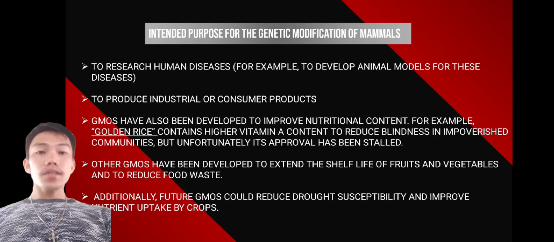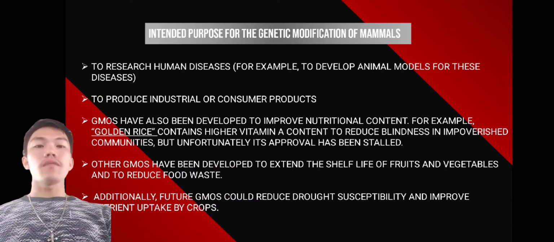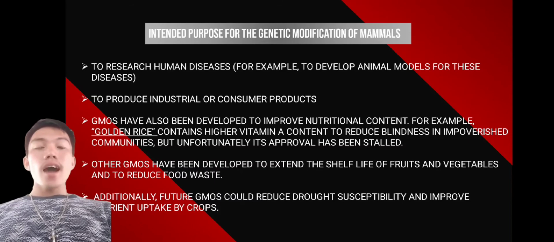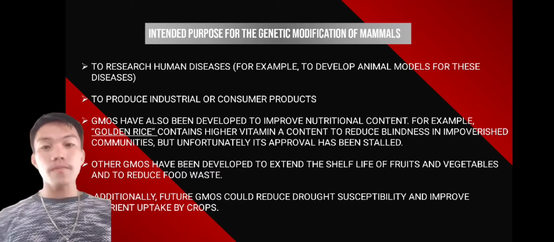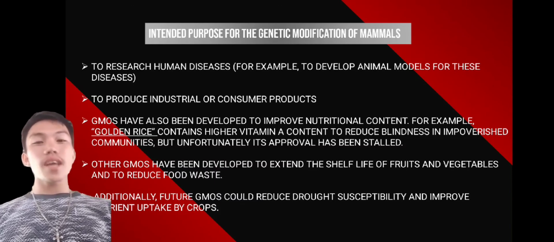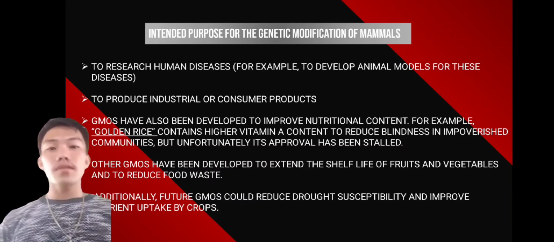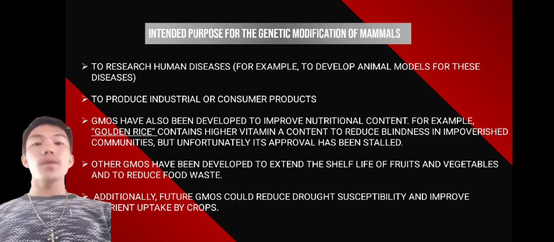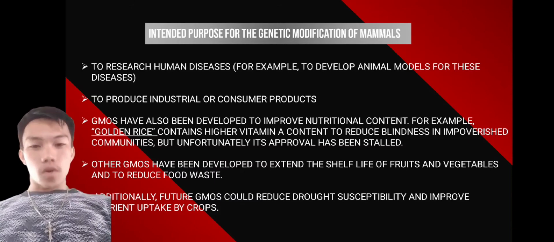Then, other GMOs have been developed to extend the shelf life of fruits and vegetables and to reduce food waste. An example of this is that advances have also been made in developing crops that mature faster and tolerate aluminum, boron, salt, drought, frost, and other environmental stresses, allowing plants to grow in conditions where they might not otherwise flourish.